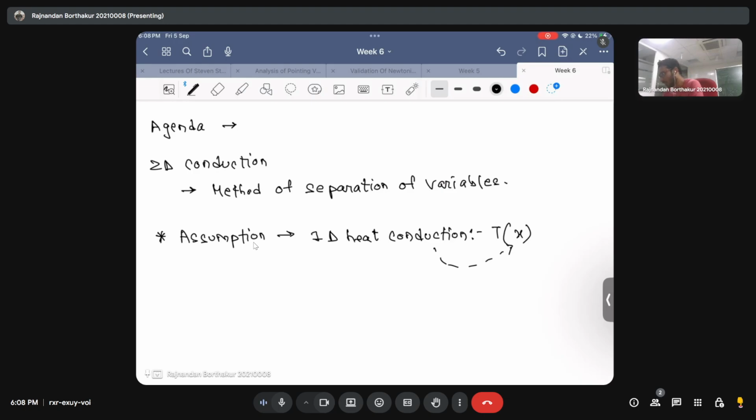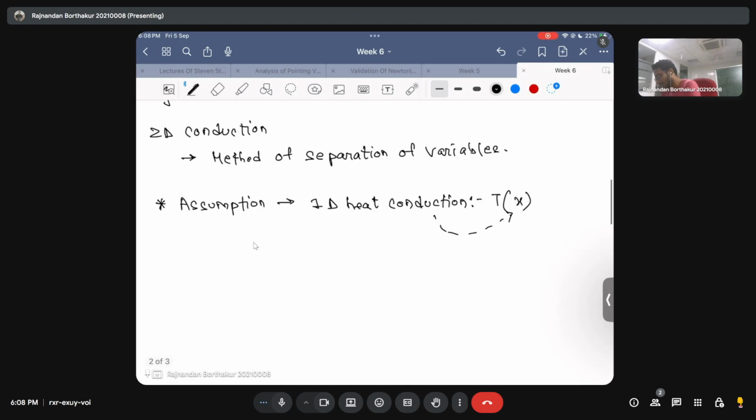But in principle, what we will now look into is 2D heat conduction, where the temperature profile, instead of being just a function of x, will now be a function of, let's say, x and y. As I said, in principle it can be multidimensional. For instance, it can also be a function of z, but we will stick to just 2 dimensions in the interest of this course.